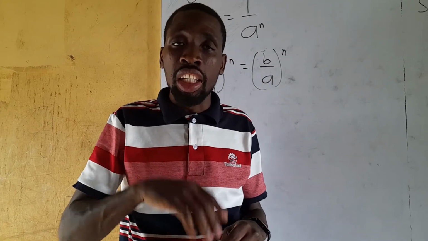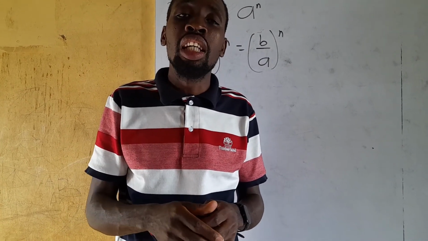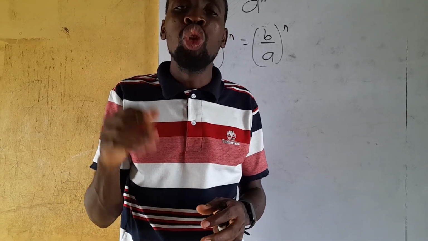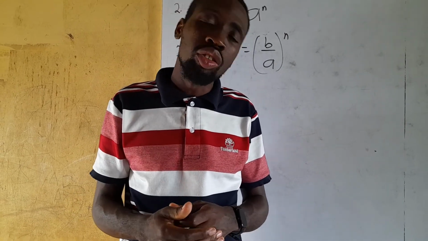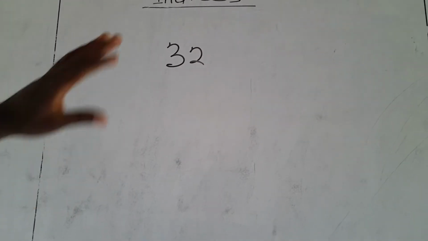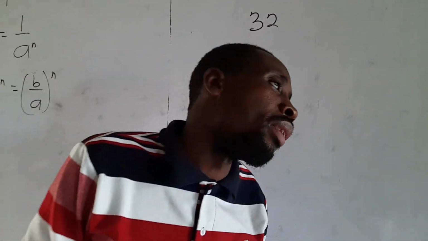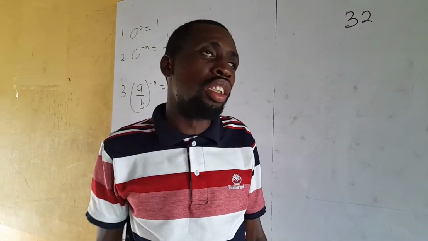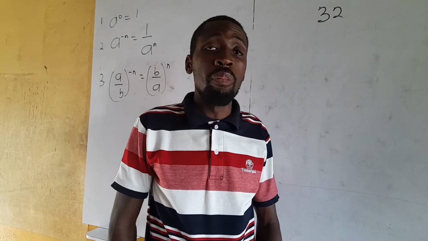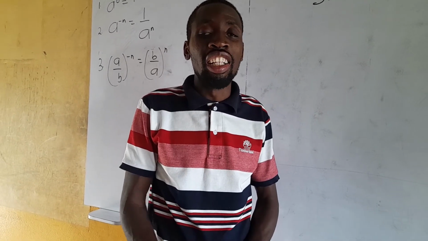The next thing we'll talk about is how to write some numbers in an index form using prime factorization. So come with me. I want to write 32 as a factor of prime numbers, using prime factorization. Prime numbers are numbers with just two factors, one and the number itself.